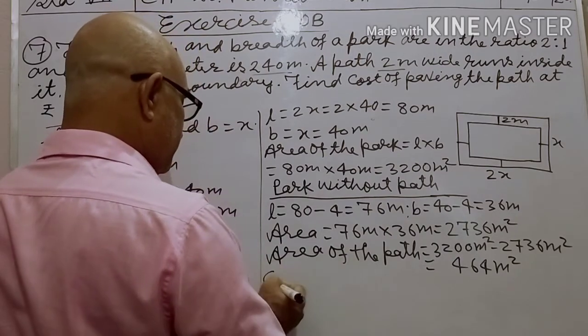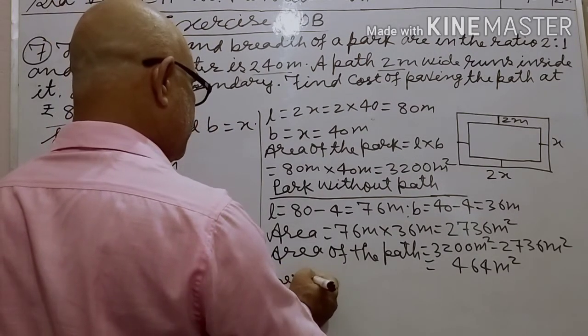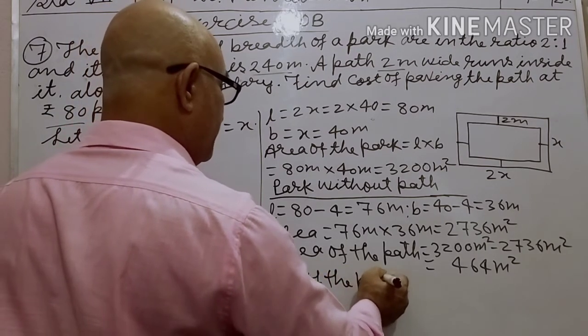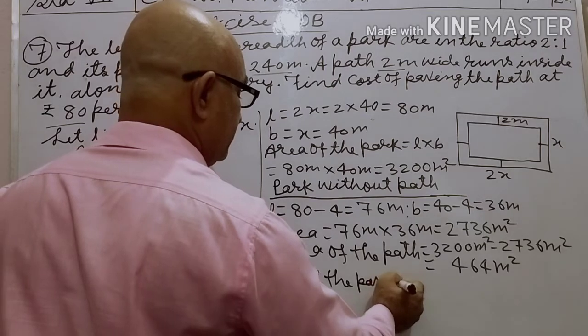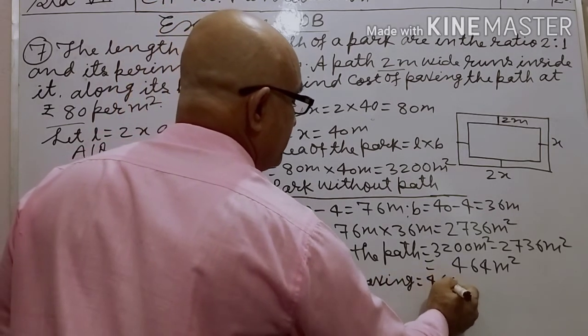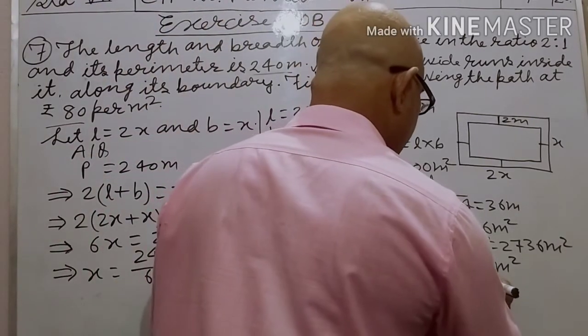Now find the cost of paving the path. 464 into rate, which is rupees 80.